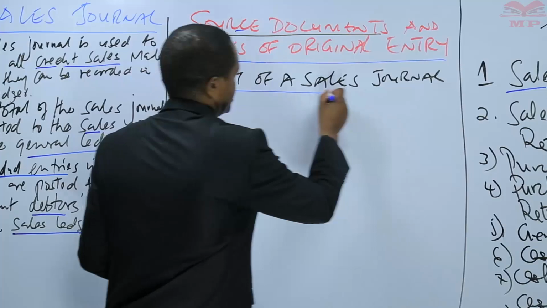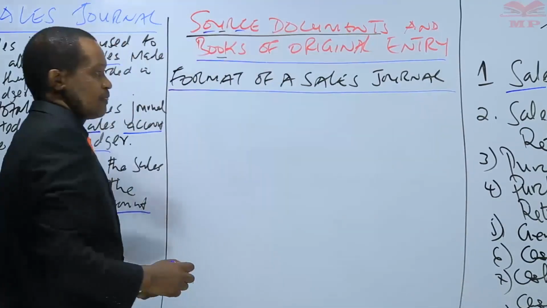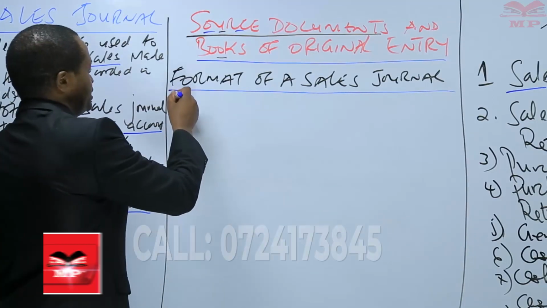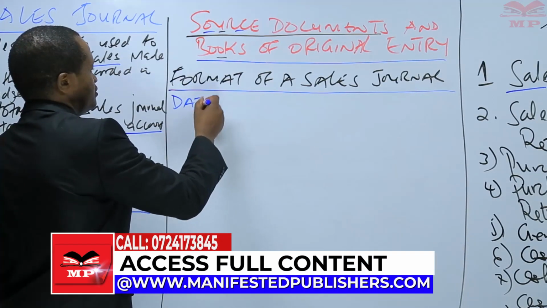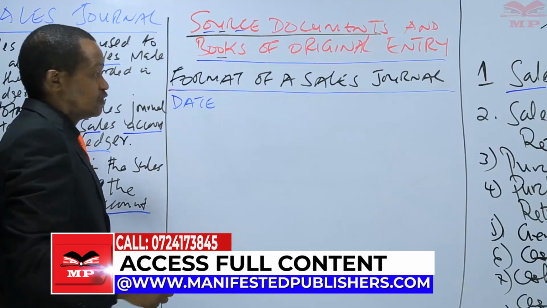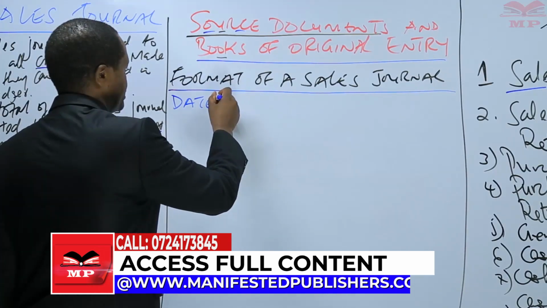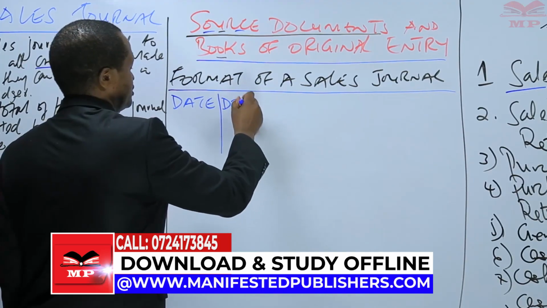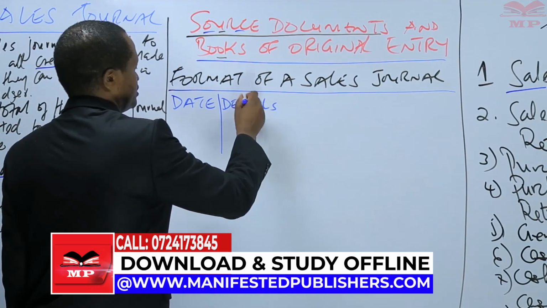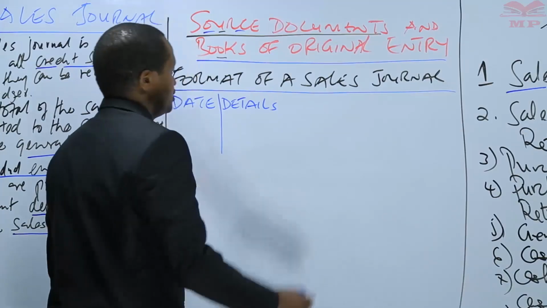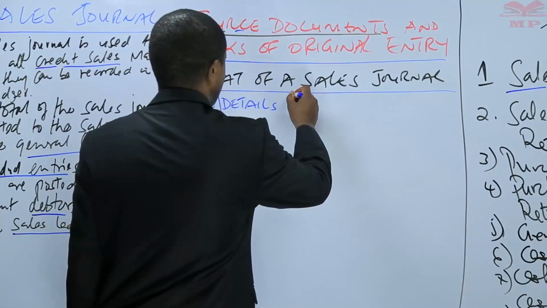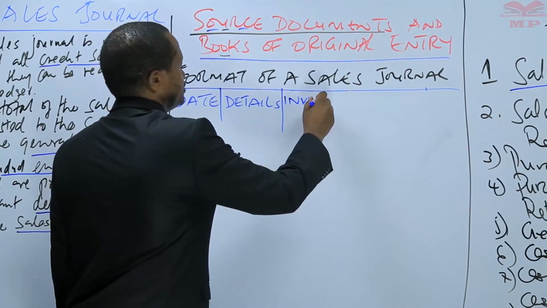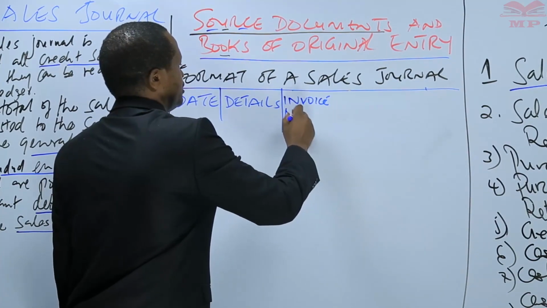The format: the first column is the date, followed by details or particulars. Then the third column will be the invoice number.